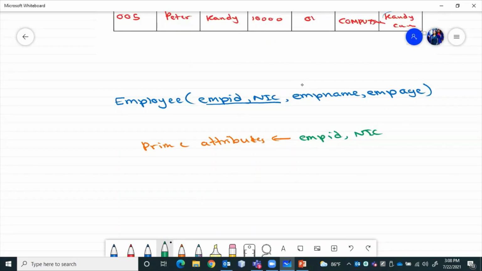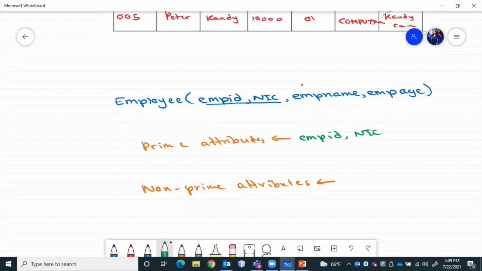And the other way around, non-prime attributes. Non-prime attribute means the other attributes fall into the category called non-prime attributes. That means those which are not participating in the primary key.